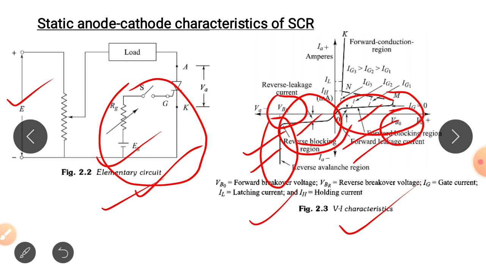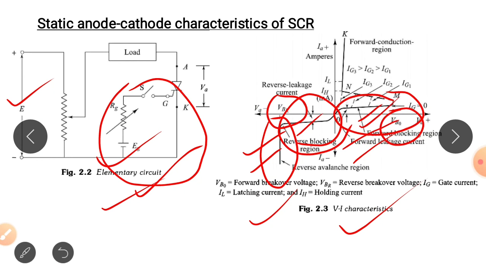So below the VBO level, SCR operates at high impedance. In this part also SCR remains in off state and will not conduct any current. So this region is the forward blocking mode.